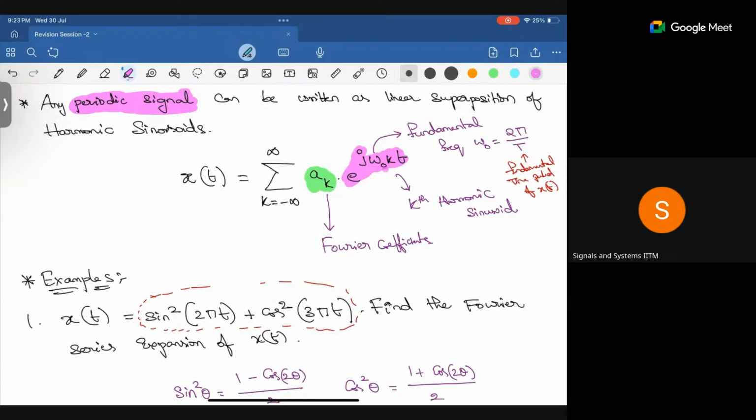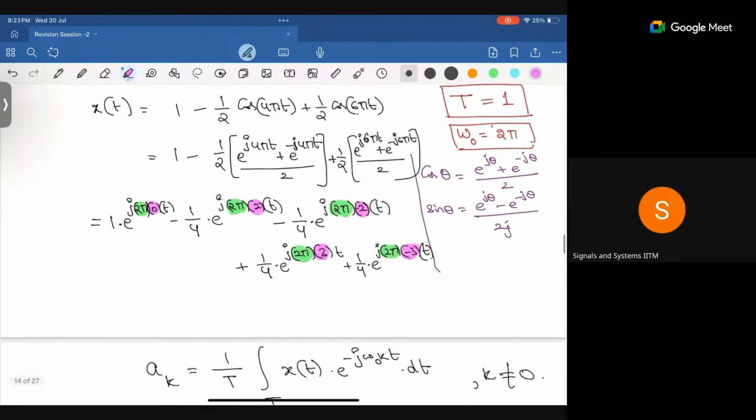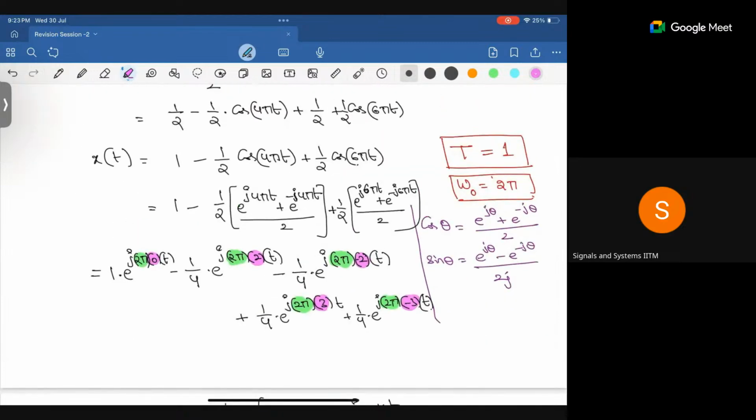So which harmonics are left? The harmonics that are there here are 0, 2, minus 2, 3, minus 3. Their corresponding coefficients are the Fourier coefficients.